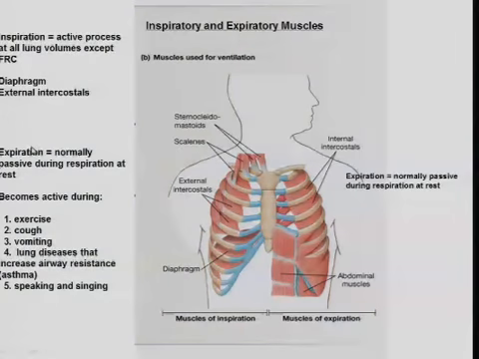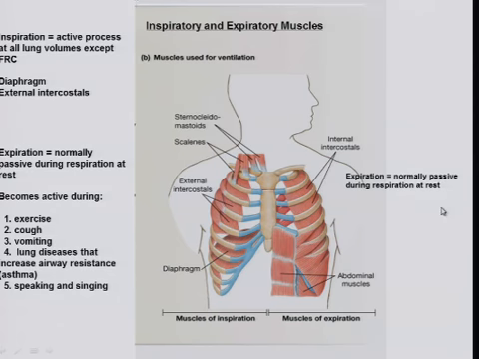With that said, when we're talking about volumes, we already talked about the different muscles involved, muscles of inspiration, primarily the diaphragm and external intercostals. If we do high activity inspiration, we would use the scalene and sternocleidomastoid muscles as accessory inspiratory muscles. And muscles of expiration, remember, typically under low activity or at rest, we use no muscles for expiration.